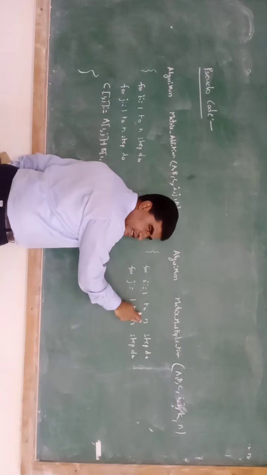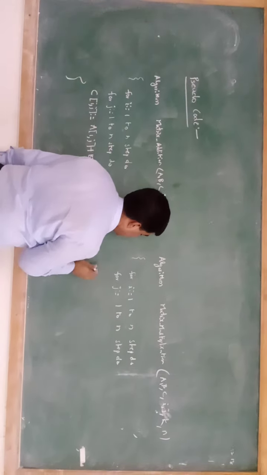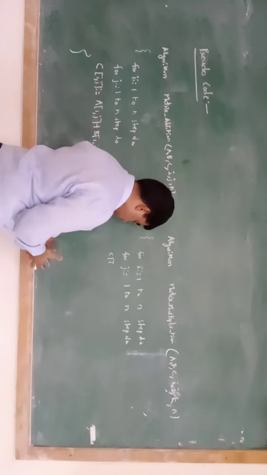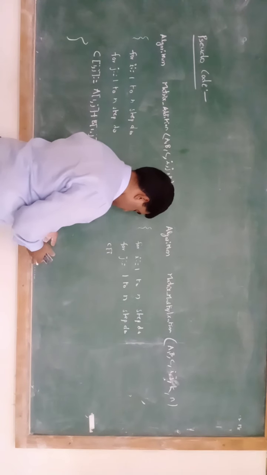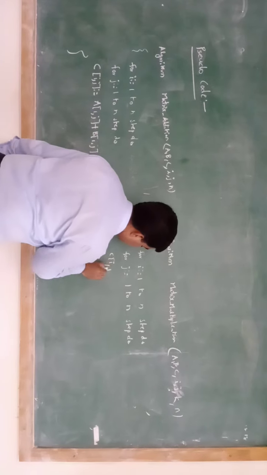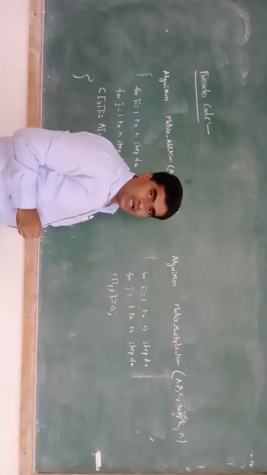This is for representing the rows, this is for representing the columns. And C of ij equal to 0. Initially we have to assume that it is 0.